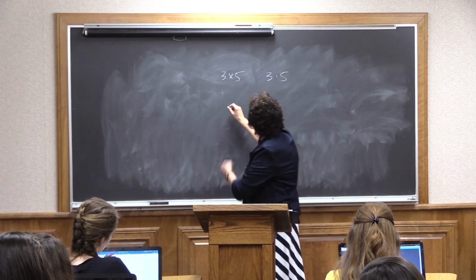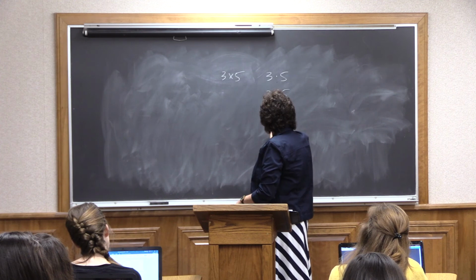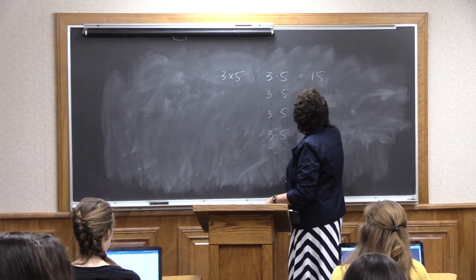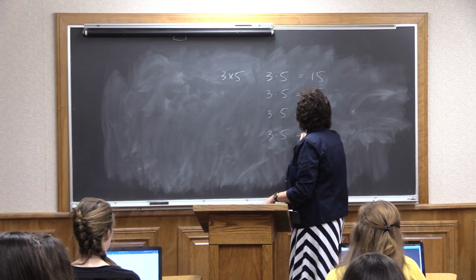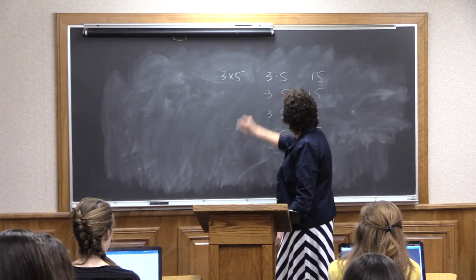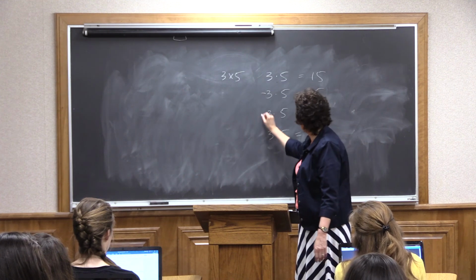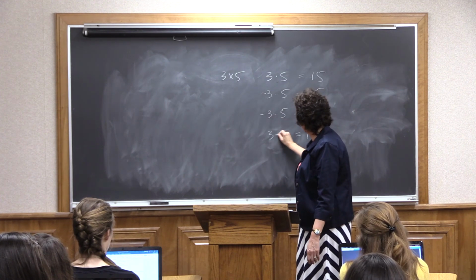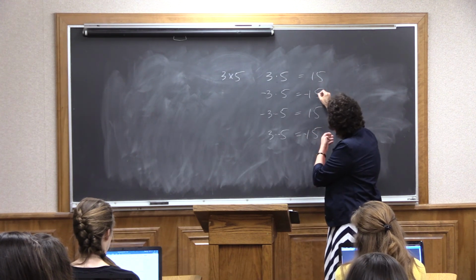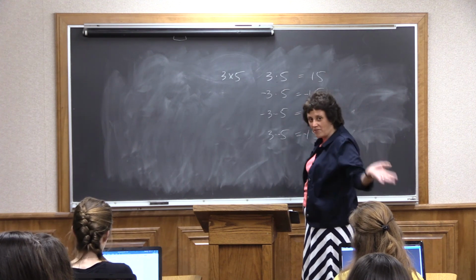Okay? So what are we going to do? Three times 5 is 3 times 5 is 3 times 5, no matter what the signs are. Right? I still have 15, but positive times a positive, there's no sign involved there at all.